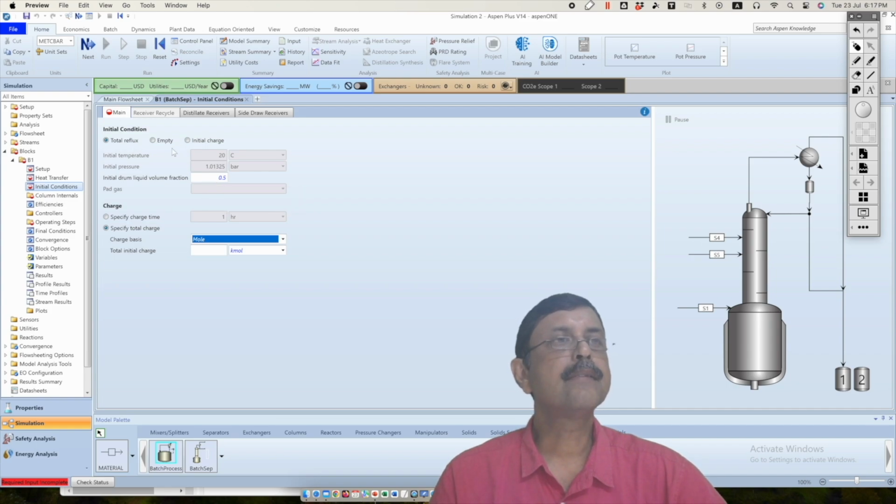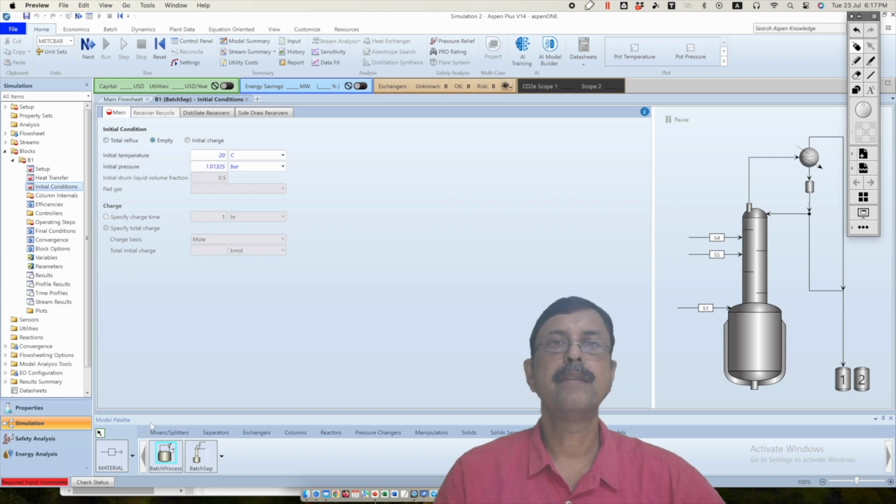Now, in case you do not want to use total reflux, you can start from empty. That means the system begins with an empty pot. Even for the empty condition, you have to provide the initial temperature and pressure of the system. Generally, it is 1 atmosphere pressure.